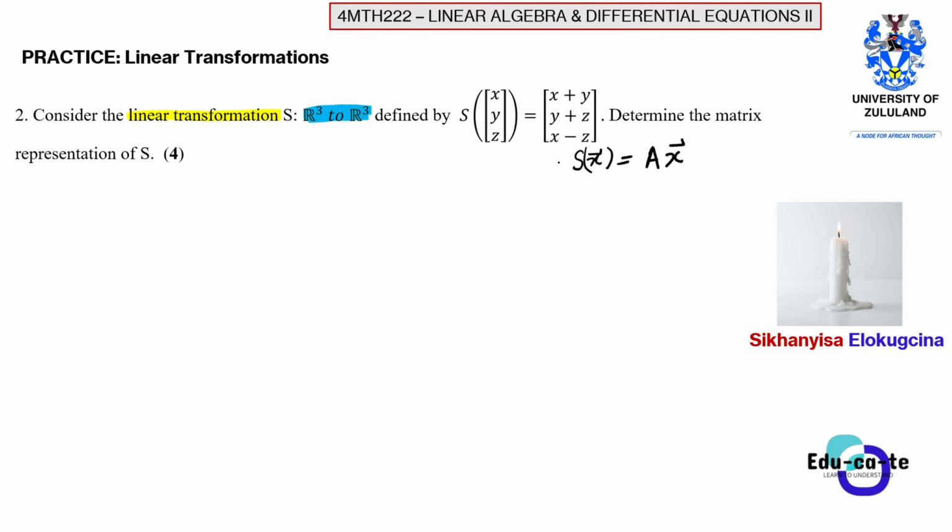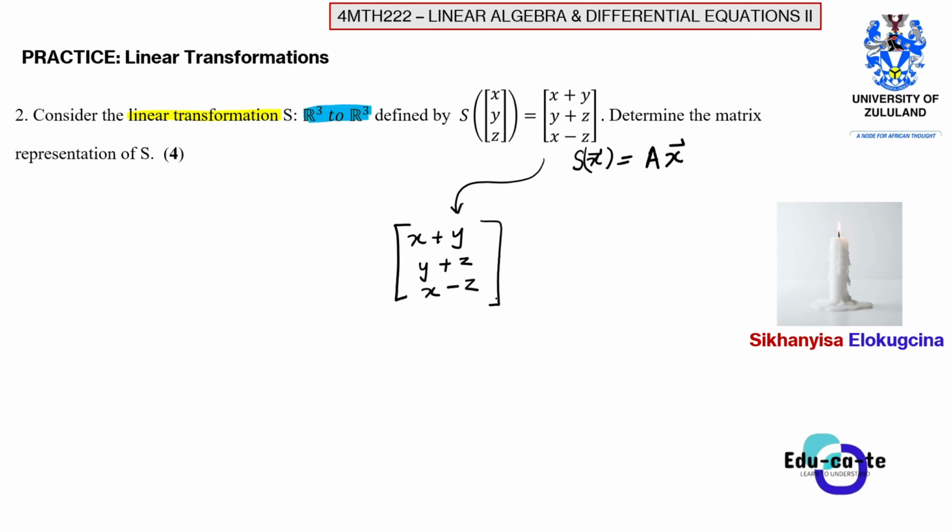For me to find the corresponding matrix, I must be able to rewrite this x plus y, y plus z, and x minus z as a matrix A multiplied by the vector X. The vector X is the vector that we are transforming, guys.